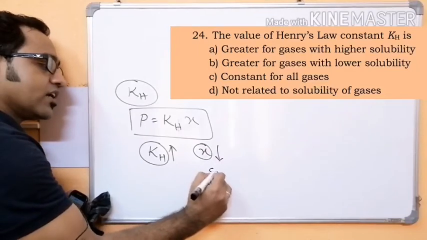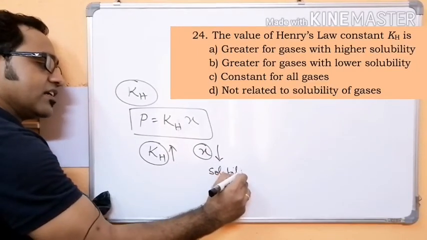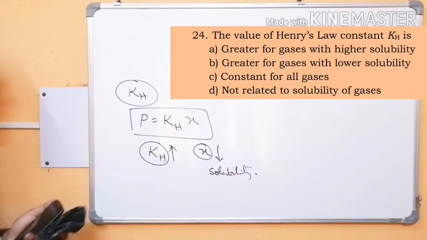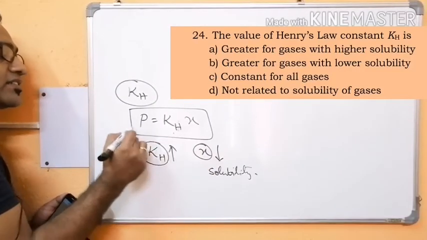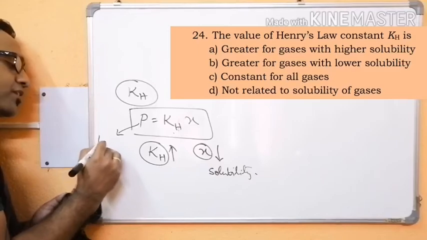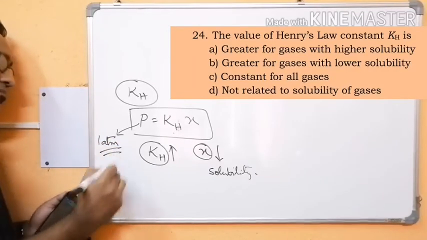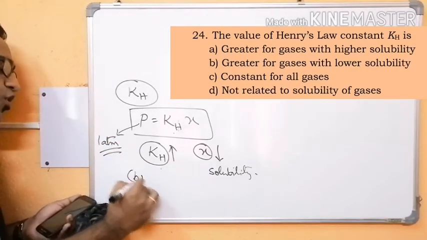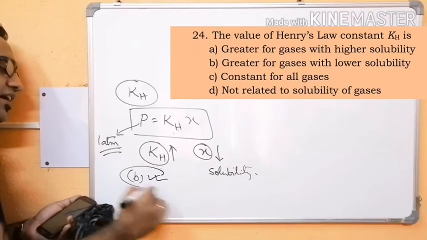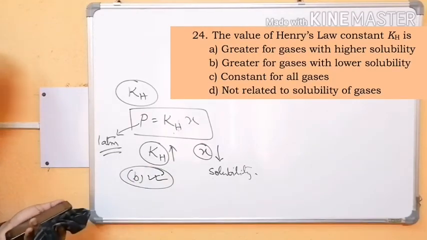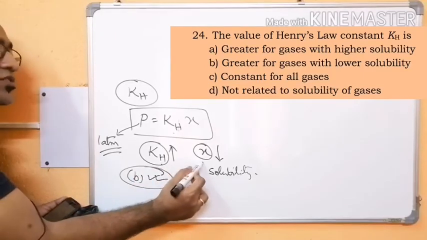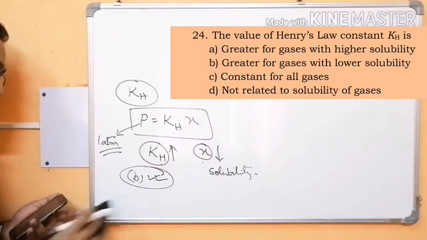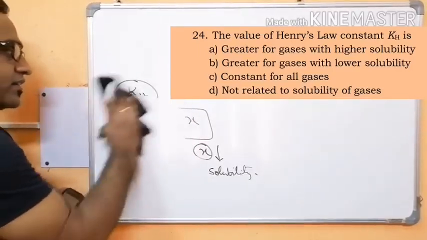That means lower is the solubility. Higher the Kh value, lower is the X value, because the product Kh into X should be the atmospheric pressure, that is 1 atm. So it is option B which is the correct option. So it is greater for gas with lower solubility. Next question.